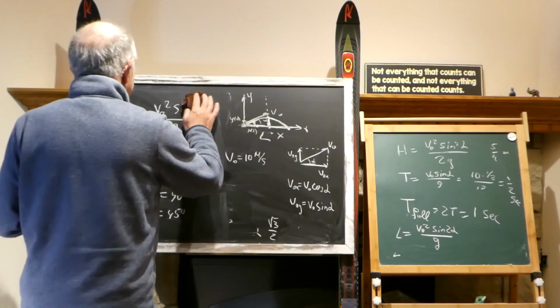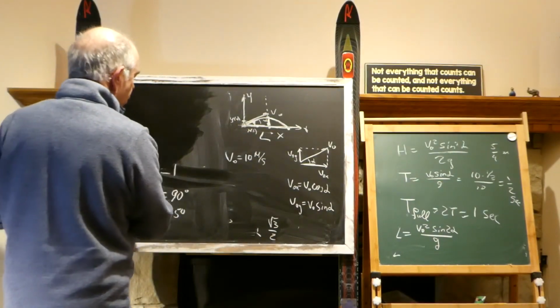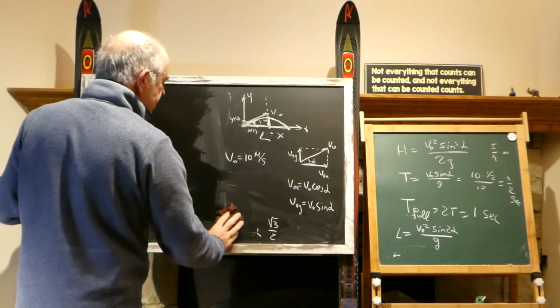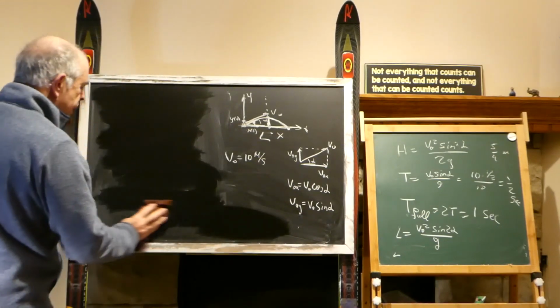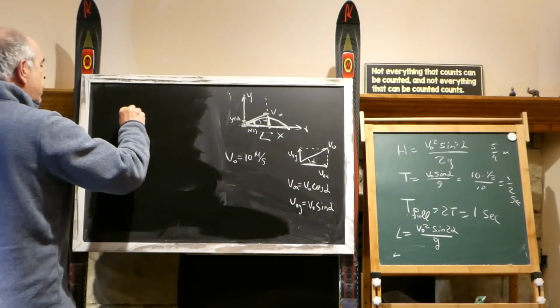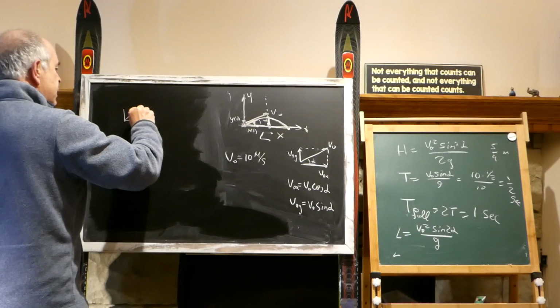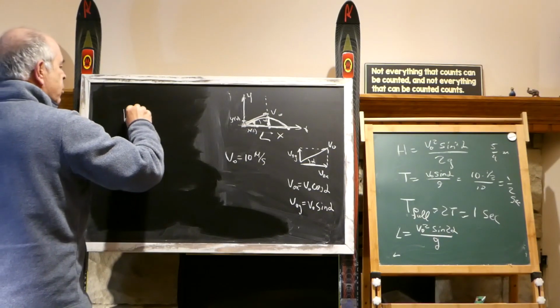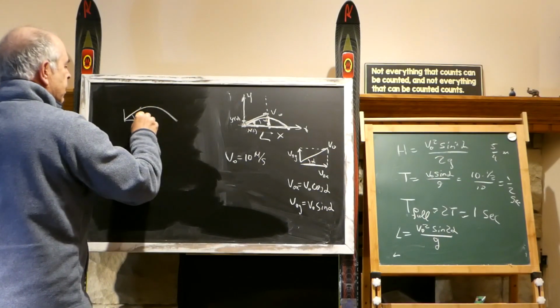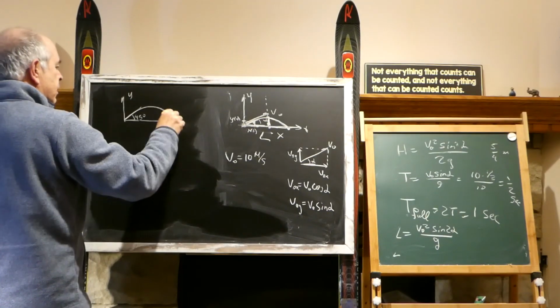That means that if we have V0 and our goal is to send this body as far as we could, we should aim at 45 degrees. And then there would be the longest parabola. The parabola would be like that.